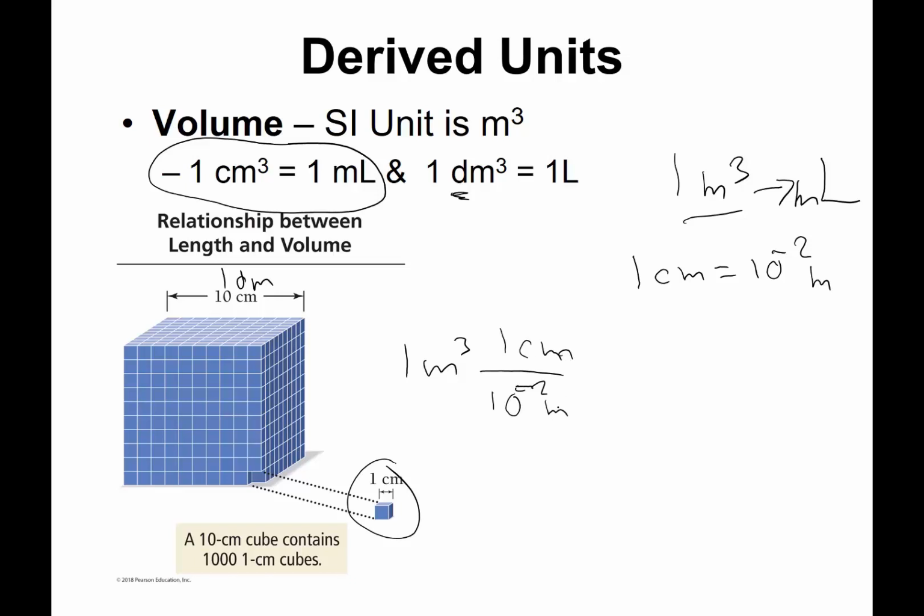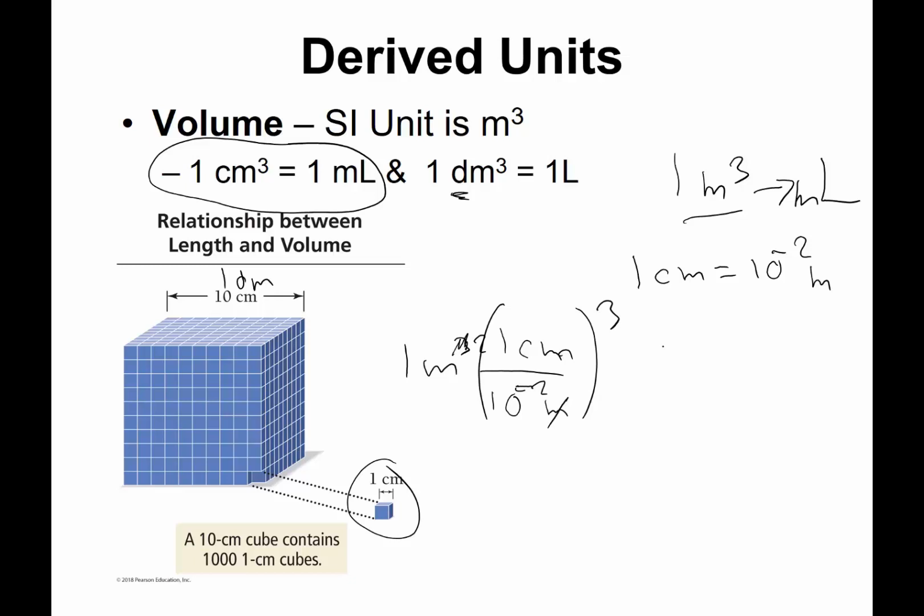So that's great, but the problem is that this is cubed, right? If you just did it the way it is, the meter would go away, but only one of these meters would go away, so it would still be meter cubed. And so, in order to do this properly, you have to cube this entire conversion factor here, right?